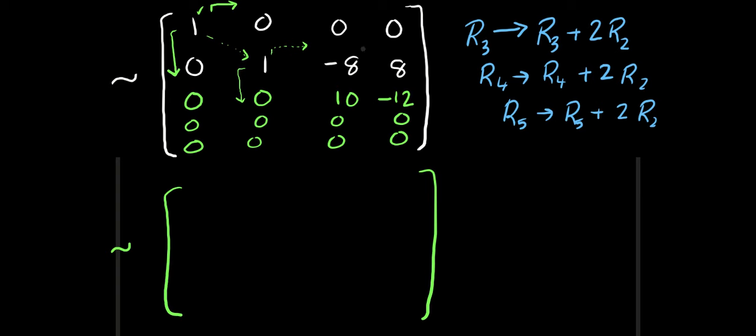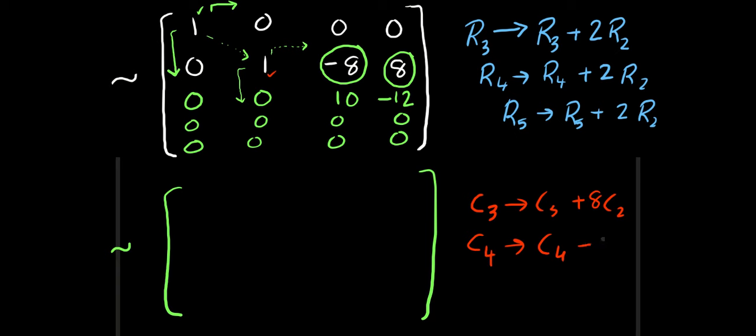And my target elements are minus 8 and 8, and they are in the third column and the fourth column. So the operation will be C3 changes to C3 plus 8 C2, because our 1 lies in C2, and C4 changes to C4 minus 8 C2. So the third column and the fourth column will change, so there will be no change in the first column.